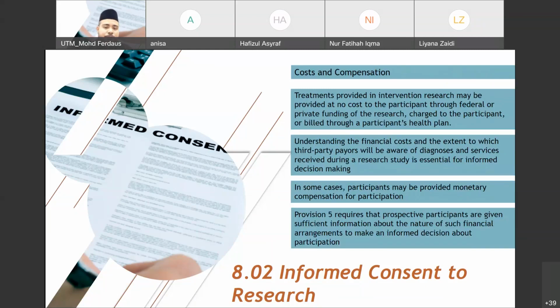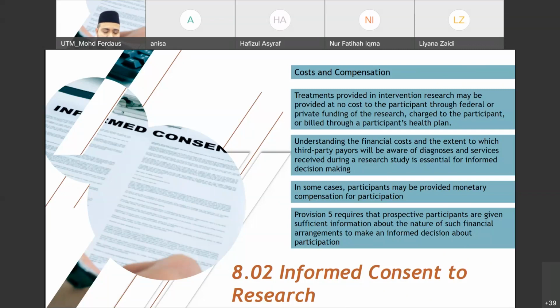Cost and compensation. Another consideration in our informed consent to research. The treatments provided in intervention research may be provided at no cost to the participant through federal or private funding of the research, or billed through a participant's health plan.